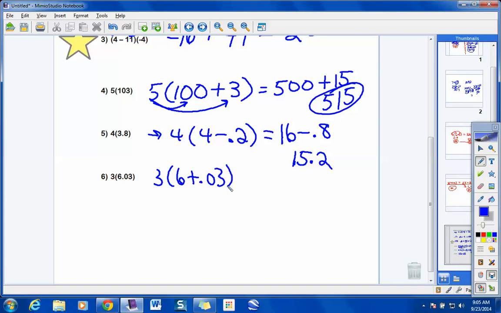What's 3 times 6, everybody? 18. And then this will be plus 0.09. That's like $18 plus 9 cents. What's your value? 18.09, right, Tim? Okay.